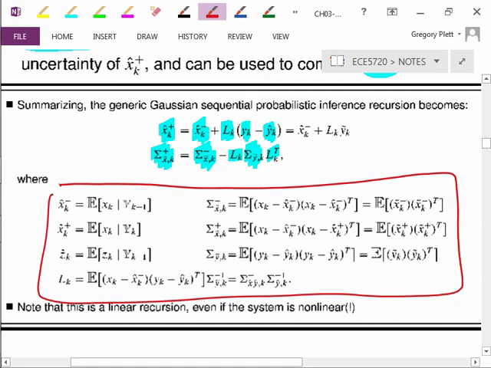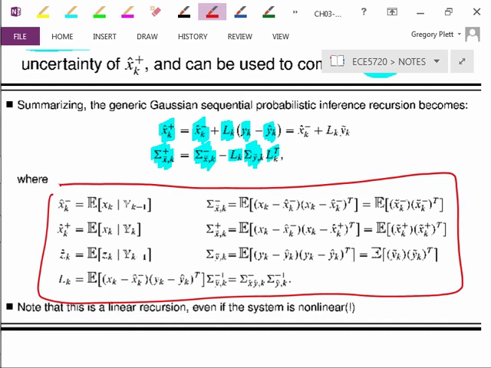This applies to a system that has linear dynamics. It applies to a system with nonlinear dynamics. This exact same set of math only assumes at this point that the noises are white, the noises are Gaussian, and in fact that the state is a Gaussian random vector.